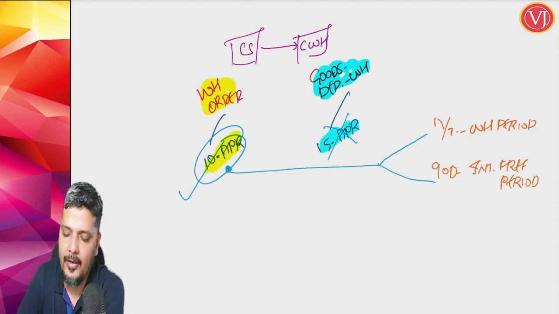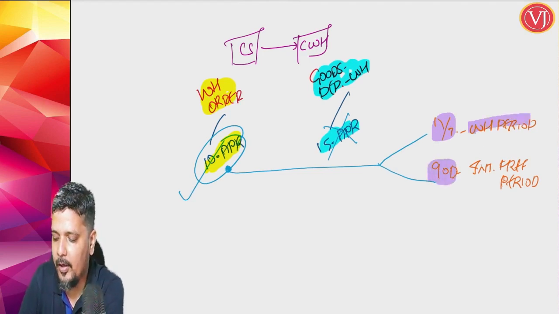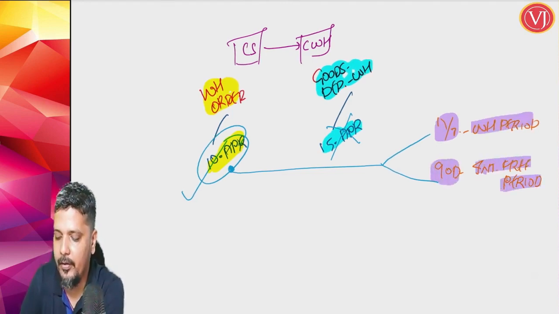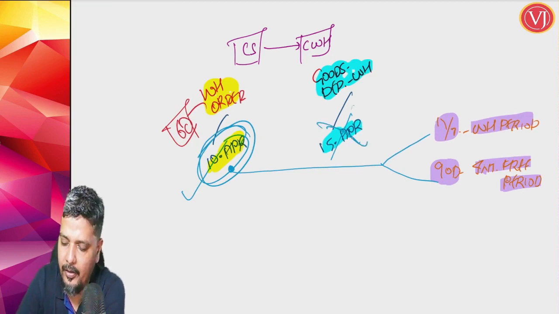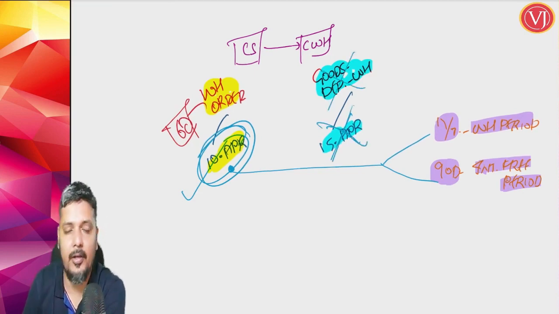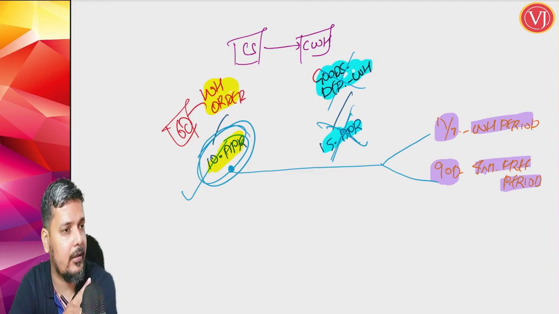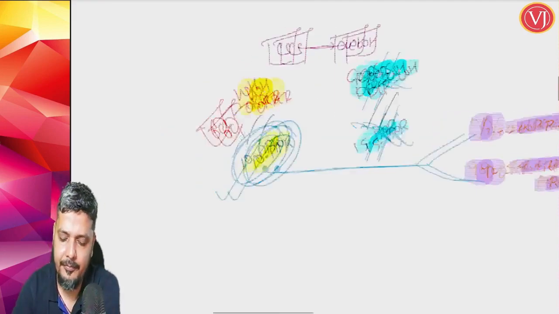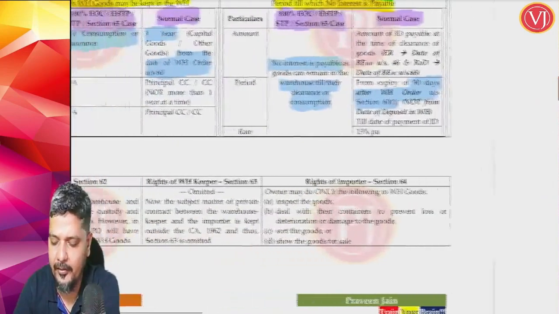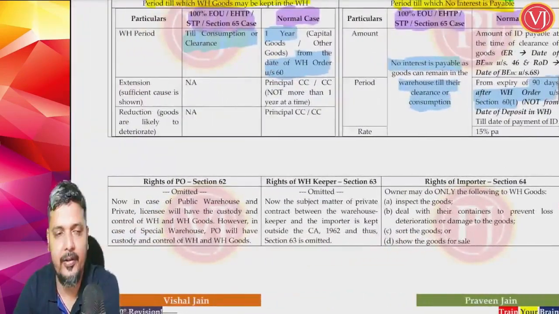This 1 year time limit or 90 days time limit, warehousing period or interest free period, will start from warehousing order under section 60 and not from the date when the goods are deposited in warehouse. Be very, very clear on this particular fact. Are you guys clear with this understanding?